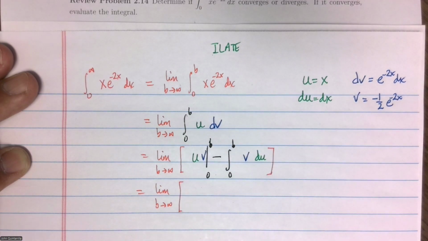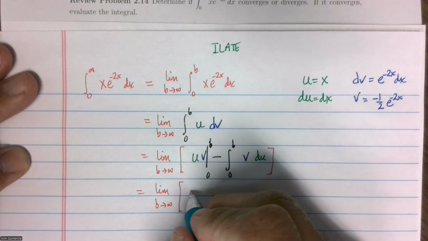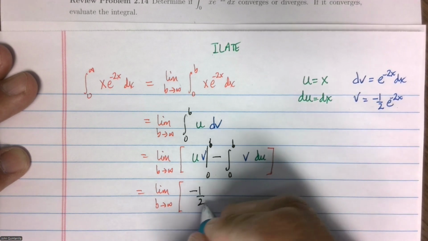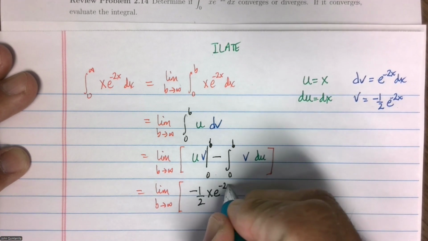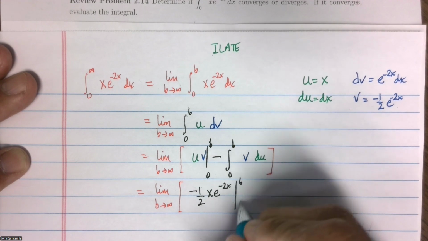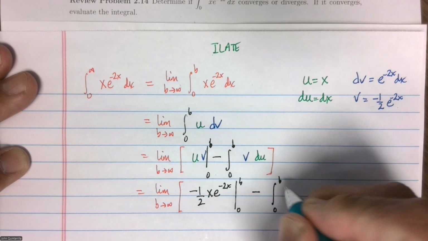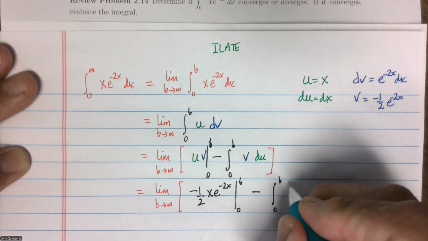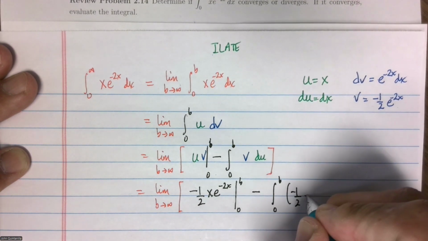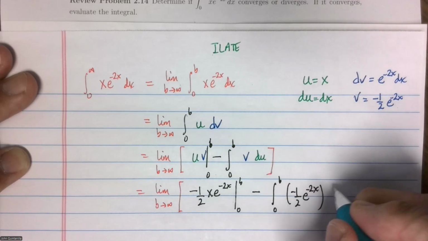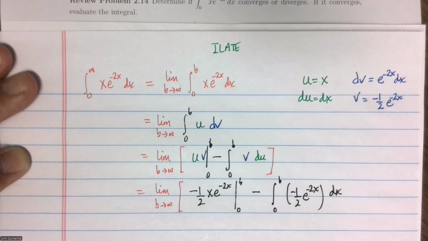Now let me do the substitution. We have x times negative 1/2 e to the minus 2x, so minus 1/2 x e to the minus 2x, evaluated from 0 to b, minus the integral from 0 to b of v, so negative 1/2 e to the minus 2x, times du, which is dx.